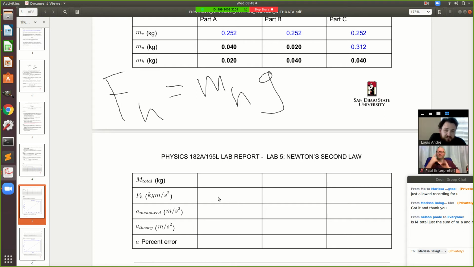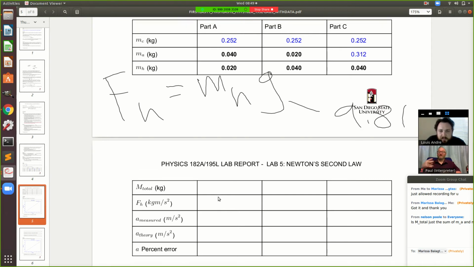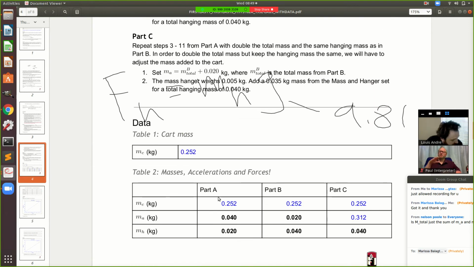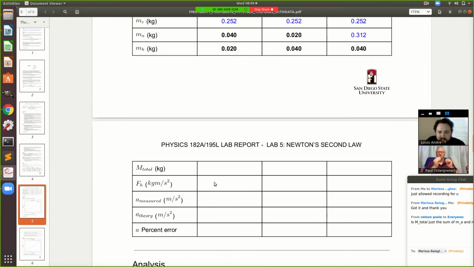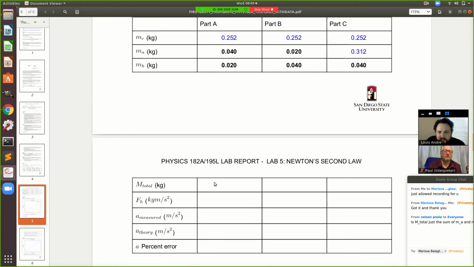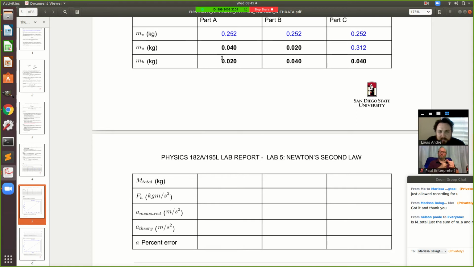You would take the mass of the hanger and multiply it by 9.81, right? And that's how you're going to get FH. It says it up here as well somewhere, but that's essentially what you're going to be doing. So in this box, you want to have it say whatever the MH is times 9.81, that goes in the FH box, okay?